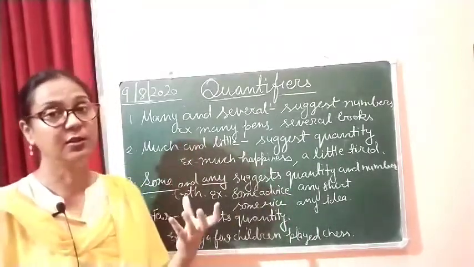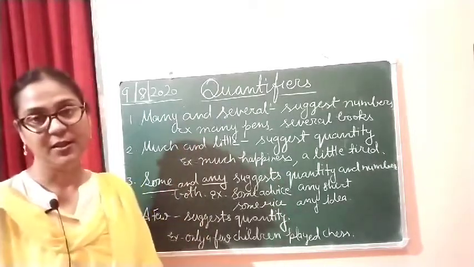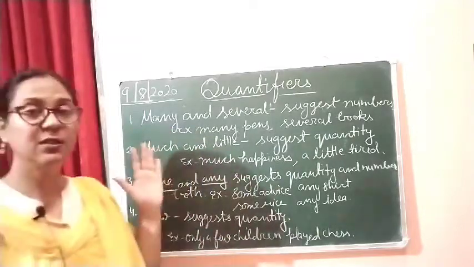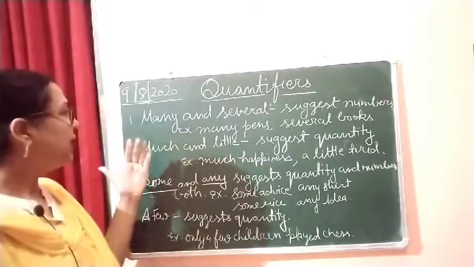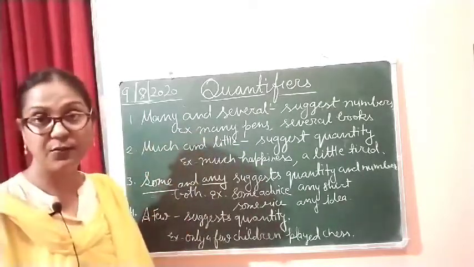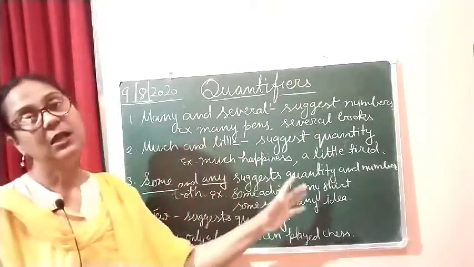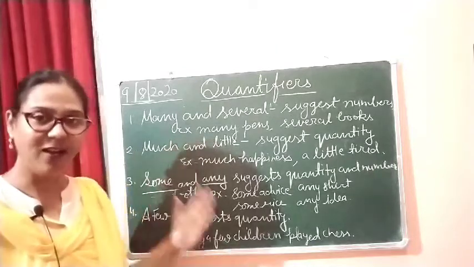Only a few children. So this shows the quantity of children. This page is very important for you, and these are the uses of quantifiers, where we should use them in the correct place. So that we should learn.